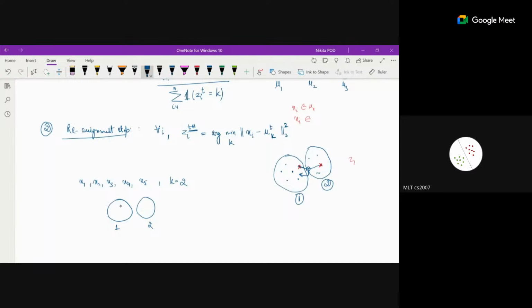Maybe I will say that x2 is here, x1 is here, x5 is here, x4 is here, and x1 and x3 are here. This is the random initialization we're talking about.